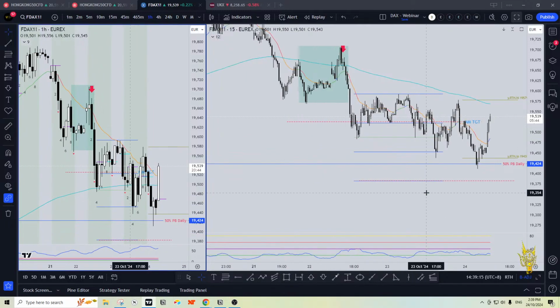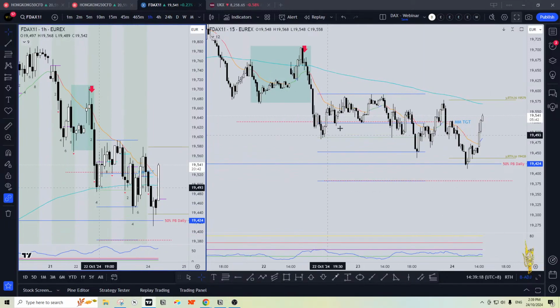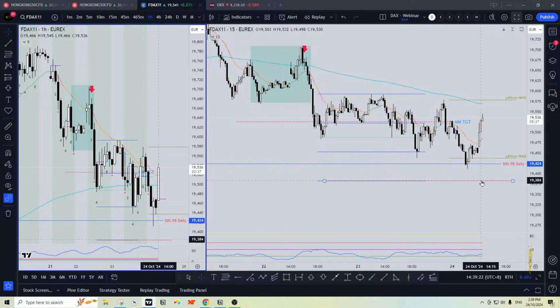We shall see. So here's a range, and so if a bear's selling, they're looking for 19,385 area. They're just expecting every time we form a range, we break down. Range, break down.